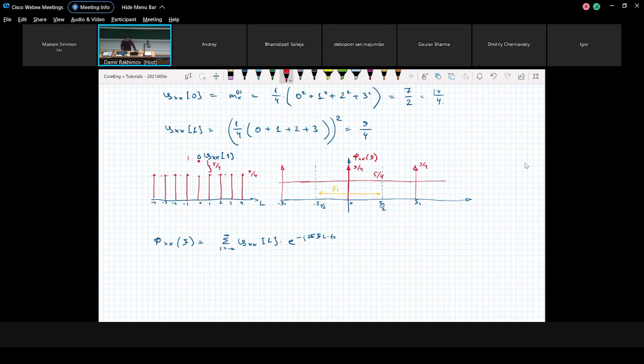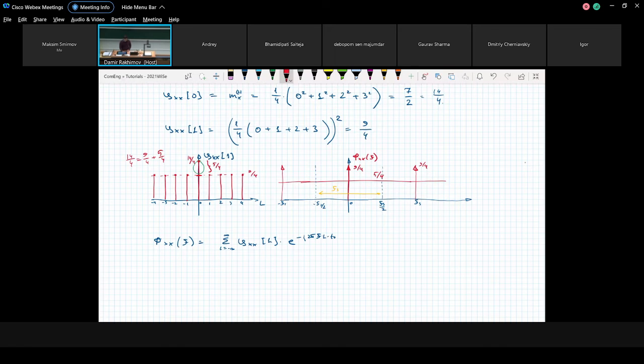So we decompose our delta pulse with amplitude 14 over 4 into two smaller parts: 14 over 4, nothing else, as 9 over 4 plus 5 over 4.